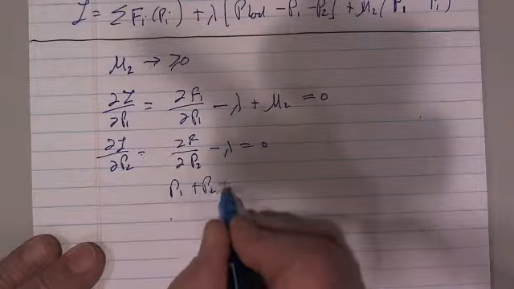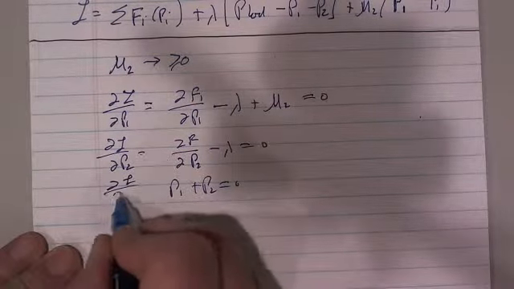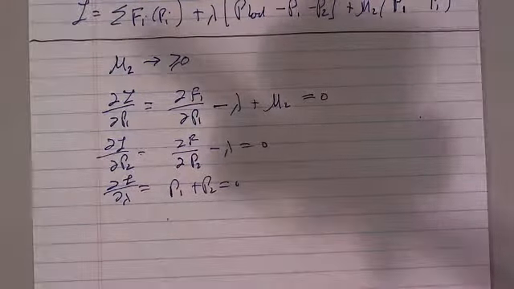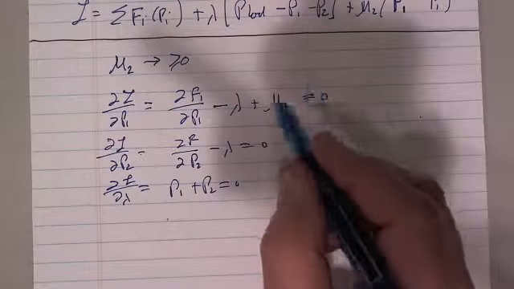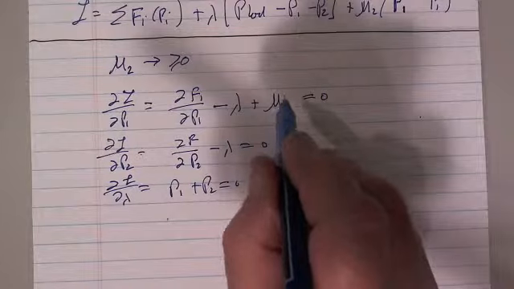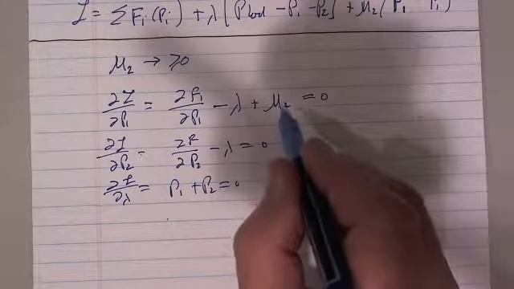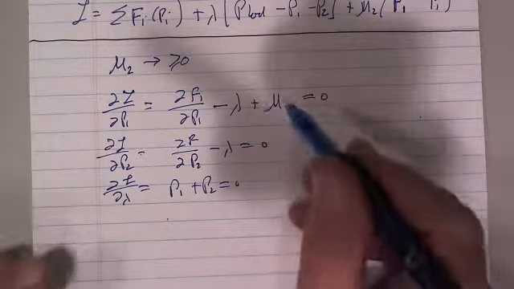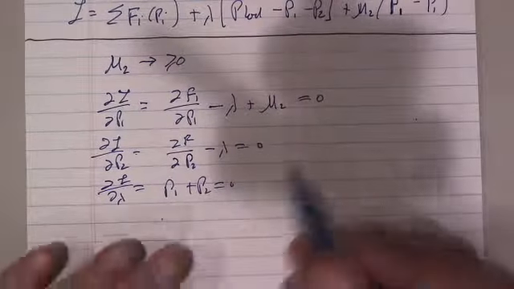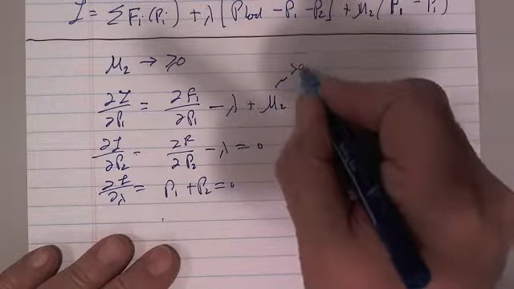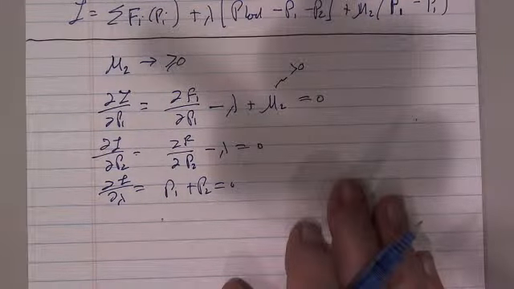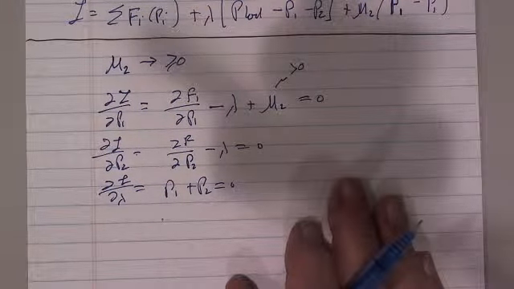P load minus P1 minus P2 equals 0, that's the derivative of L with respect to lambda. So there are the three constraints. But wait a minute, I've got a fourth variable in here, and that's just going to have to be dealt with. Dealt with meaning it's a number greater than 0.